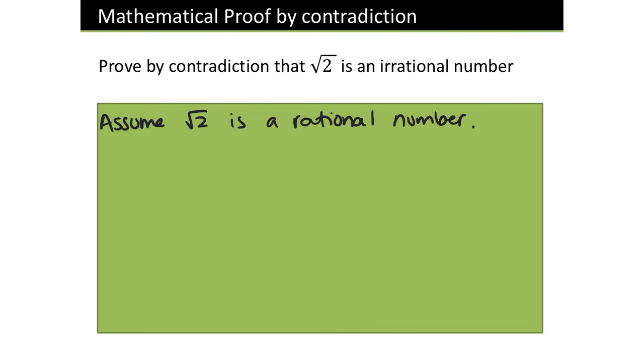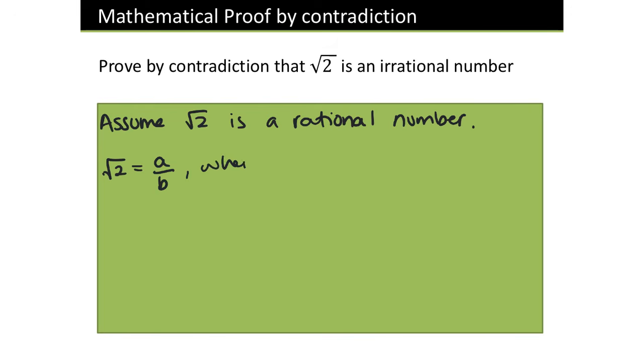A over B is a rational number where A and B do not share any common factors, okay? So if root 2 is rational, that means root 2 could be represented as A over B, okay?